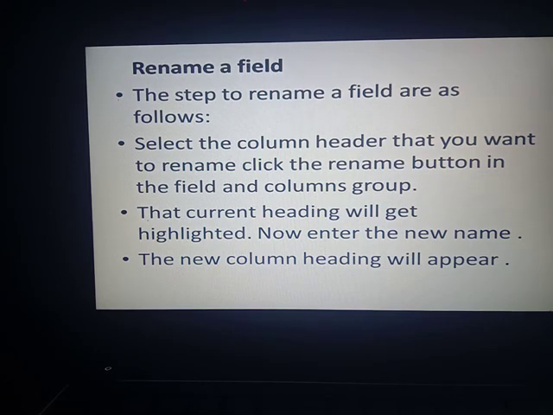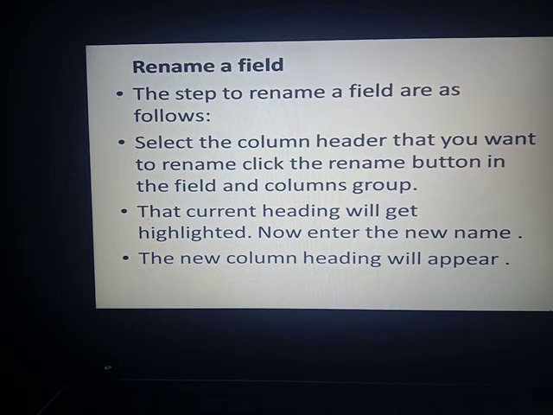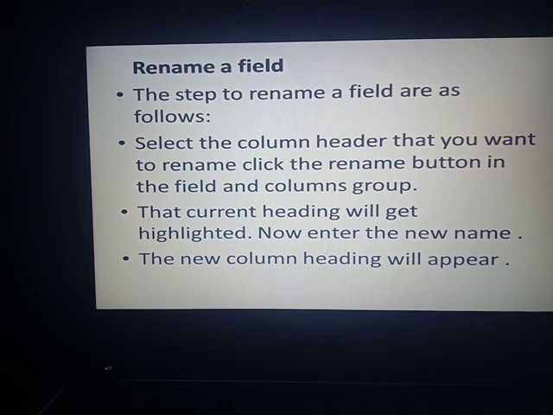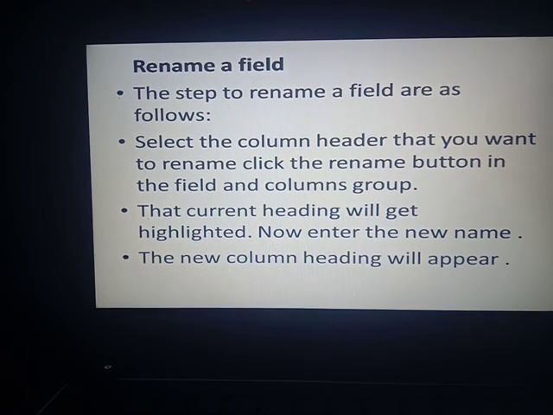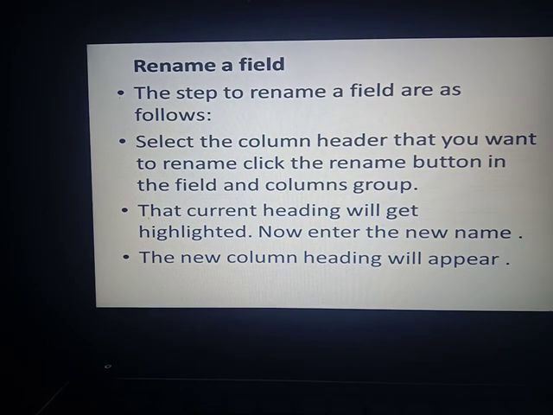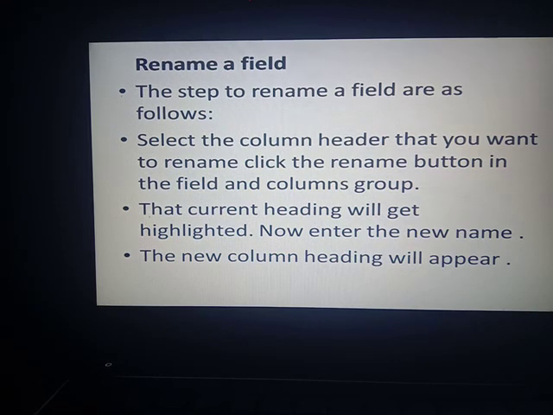So if you want to rename a field, you have to select that particular column header. The field name is always written on the header of the particular column. Then you have to go to the Field and Column group, where you will see the Rename option.